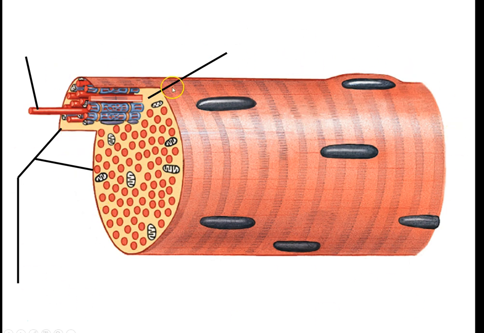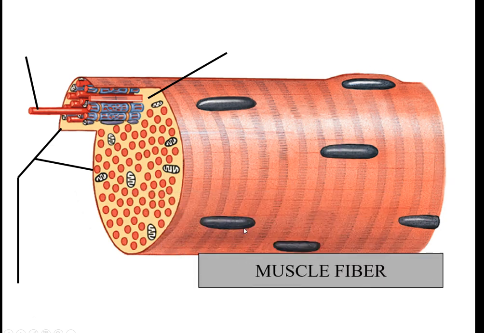This whole thing's a picture of a, okay, muscle fiber. So we got myofibril, muscle fiber. Okay, the way you know it's a muscle fiber is that striated appearance. Because I can see the striations here, I know this is a muscle fiber. It also has many nuclei. Okay, so this whole thing's a muscle fiber.